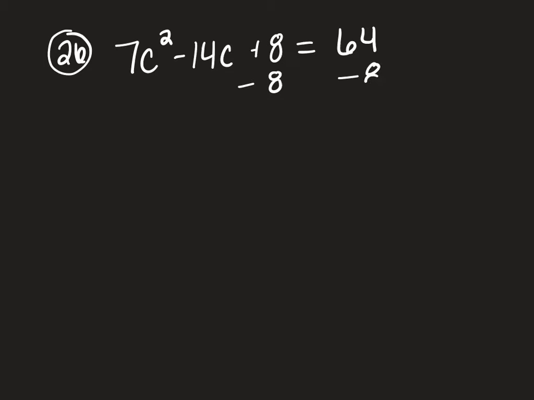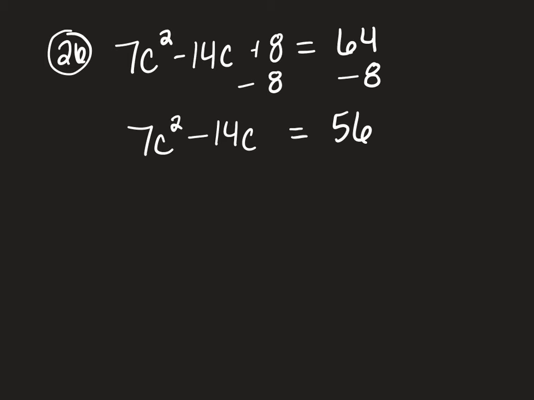26, we have 7c squared minus 14c plus 8 equals 64. So we're going to subtract 8. So 7c squared minus 14c equals 56. Now, we can't have that 7 in front of the c squared.